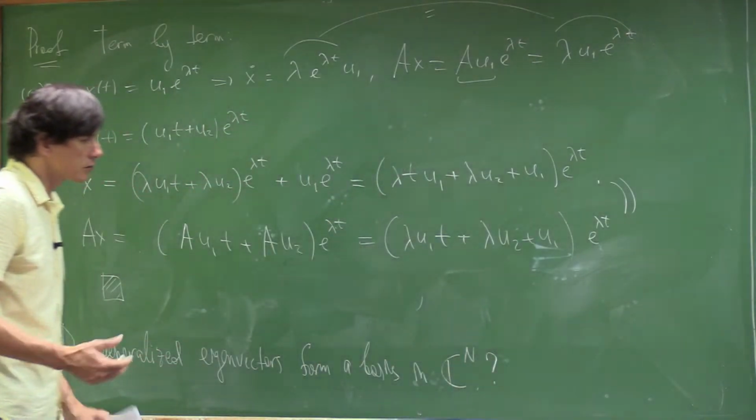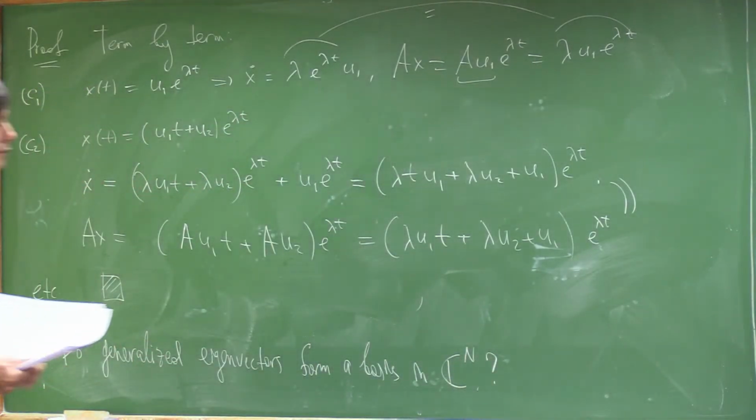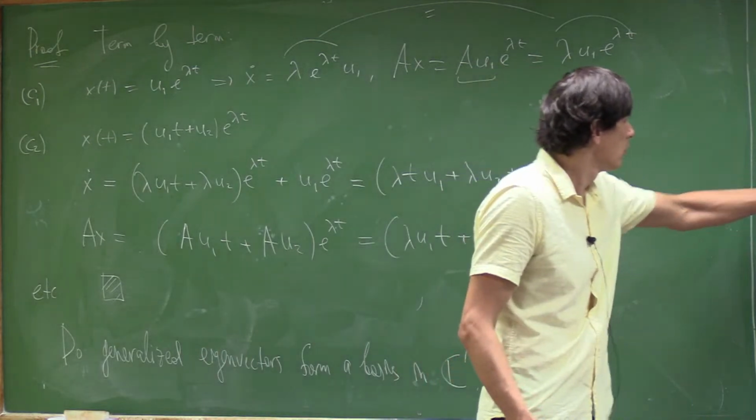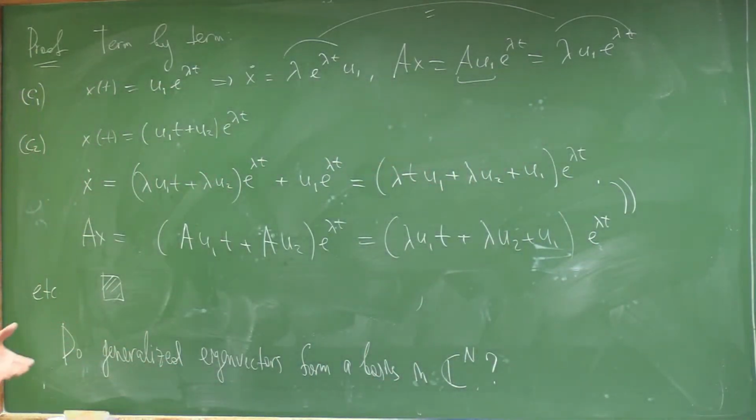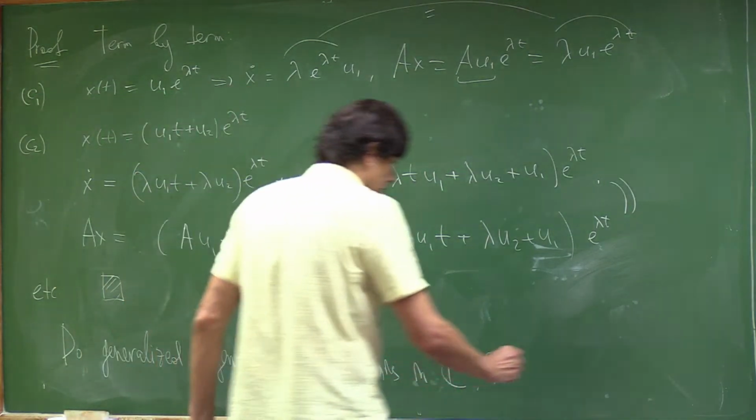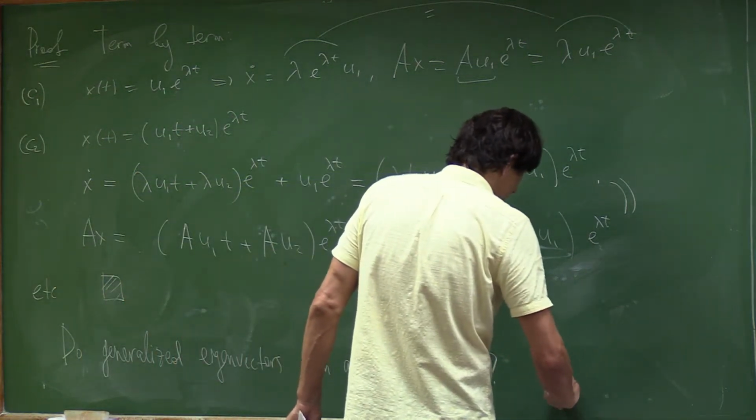The eigenvectors in principle do not form a basis, we see this in the example. But the question is whether generalized eigenvectors form a basis, because if they do, we probably have a sufficient amount of solutions to form a general one. The answer here is yes.